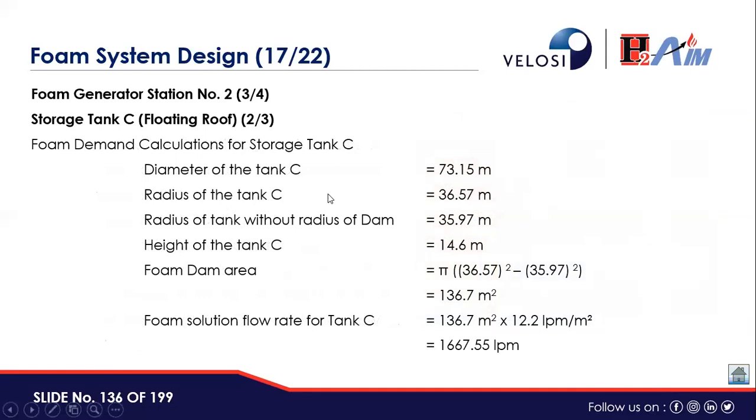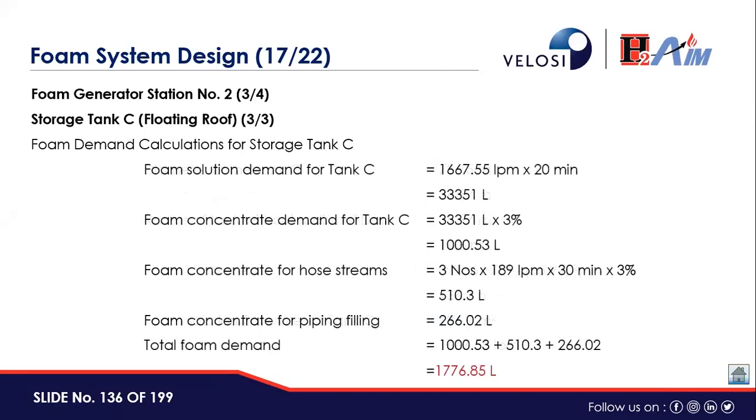Diameter, radius of the tank, radius of the tank without the radius of the dam, height of the tank. We can calculate the foam dam area, and then we can calculate the foam solution flow rate for this floating roof tank by multiplying it with a factor of 12.21 LPM per square meter.